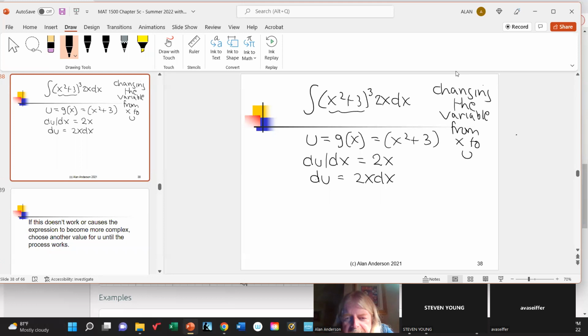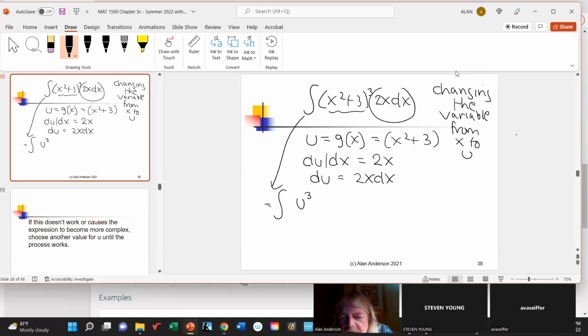And so what that means now is that this thing is actually equal to u cubed. Because remember, we define u to be x squared plus 3, u cubed. All of this is du. And so now we can apply the power rule. So we end up with, and by the way, here we're using an indefinite integral, so we do need the constant.